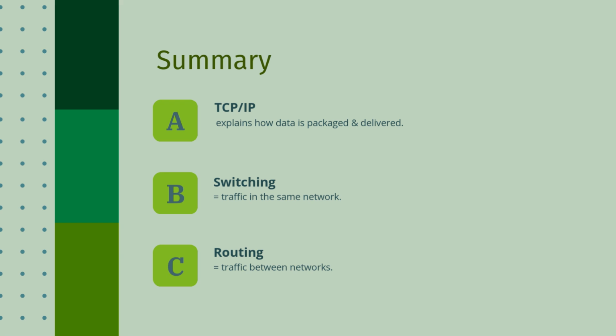Then we discussed switching, which is used when devices are in the same network, and routing, which is used when devices are in different networks. Understanding this flow is key because in the next video, we'll go deeper into layer 2 switching, how switches learn MAC addresses, what broadcasts are, and how VLANs shape modern networks.